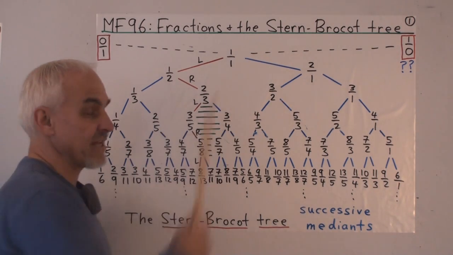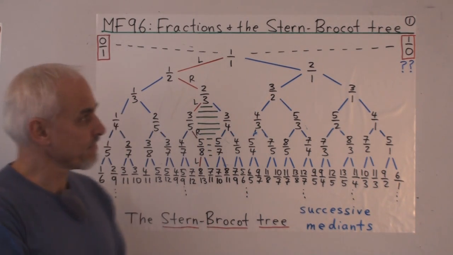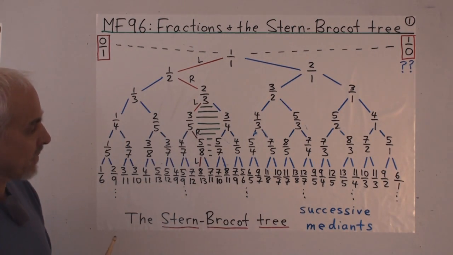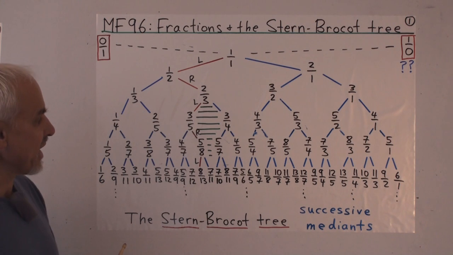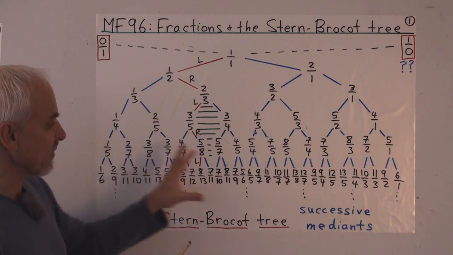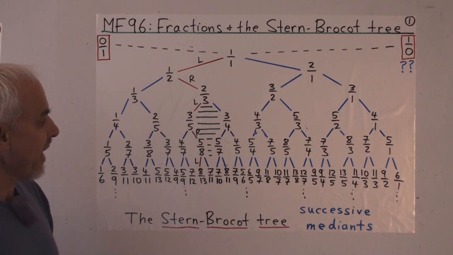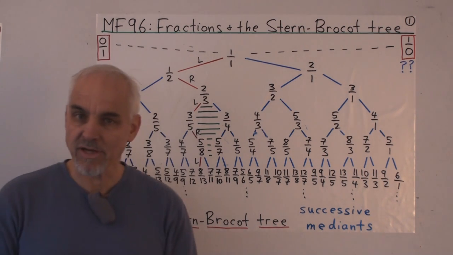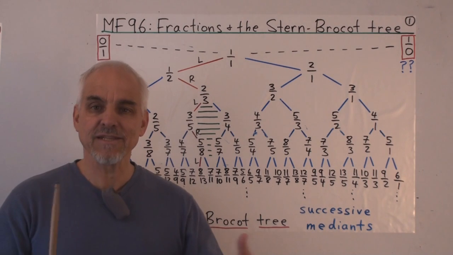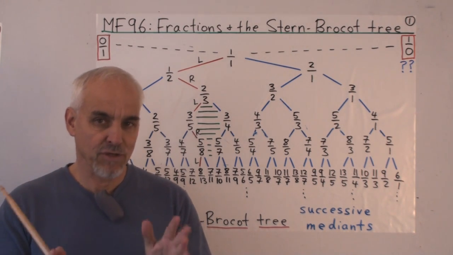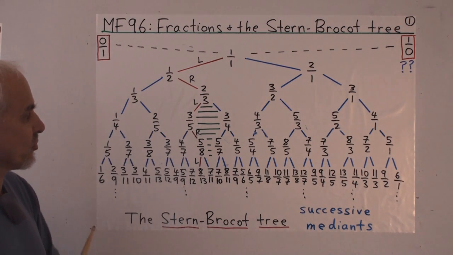Stern was the successor of Gauss at Göttingen. They both discovered this particular tree, which is a configuration made up of lots of rational numbers, in fact fractions, they're all positive. And it has remarkable properties and gives us some other insight into the structure of the rational numbers. So we're going to have a look today at the Stern-Brocot tree.